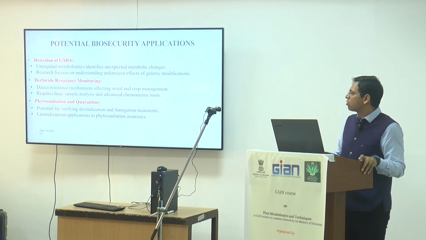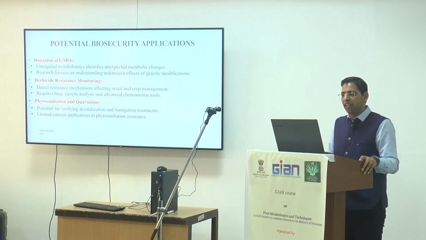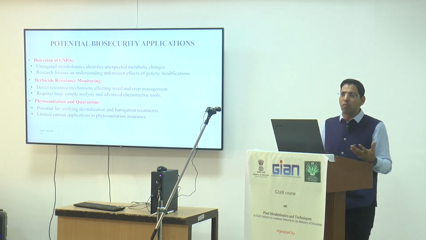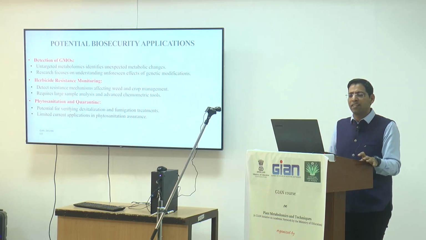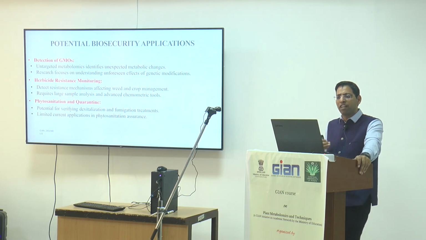Regarding potential biosecurity applications, one is the detection of GMOs; you can identify GMOs using NMR metabolomics. Another is herbicide resistance monitoring, where you can detect resistance mechanisms affecting weeds in crop management. This requires large sample analysis, and the advantage is the chemometric tools.